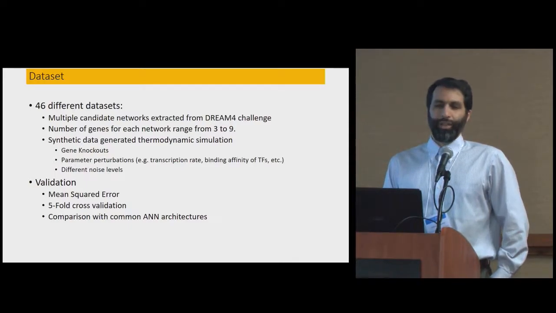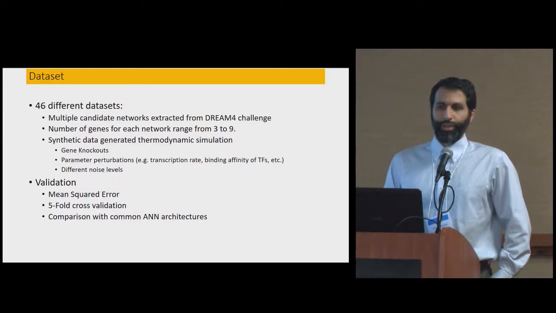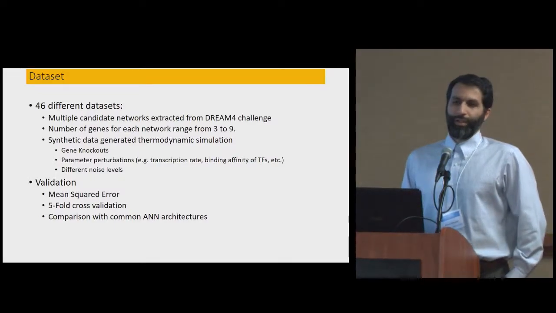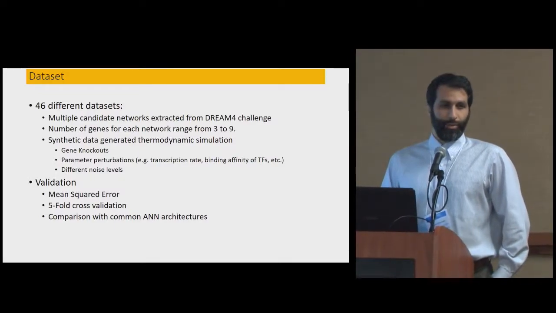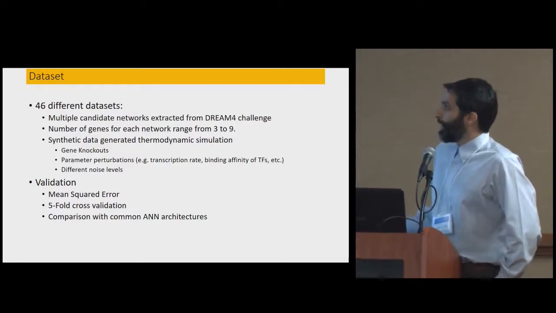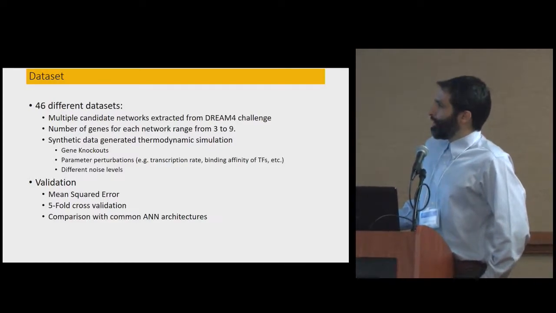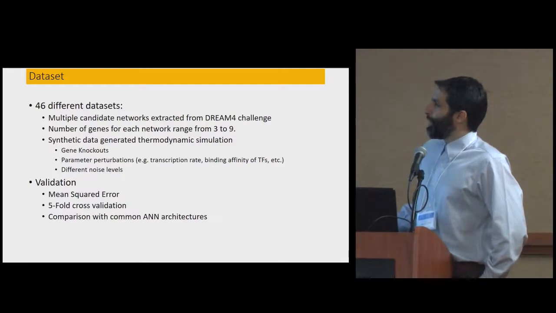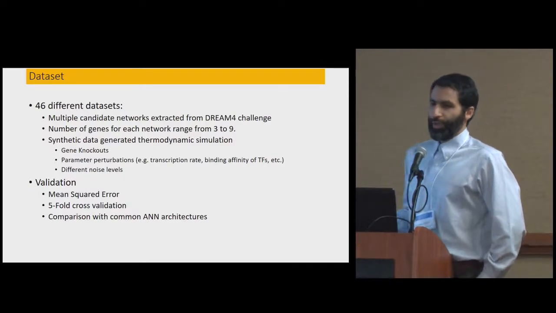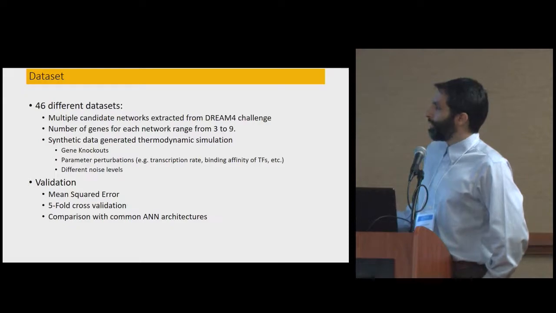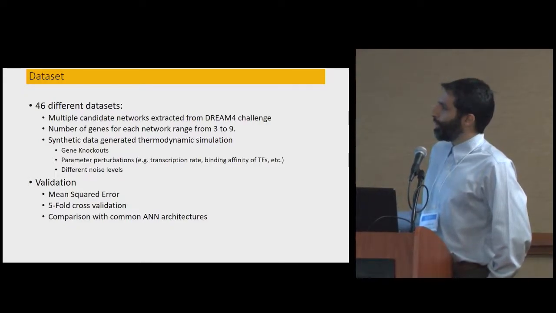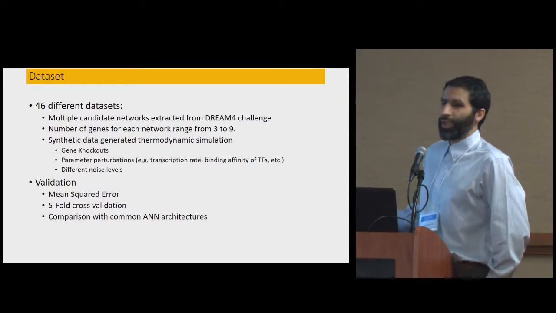Some of them we don't have as much confidence in. Therefore, as an initial point, we use synthetic data. So we extracted different candidate networks from the Dream4 Challenge, which is for network inference in gene regulatory networks. And we used networks with the number of genes ranging from 3 to 9 in this study.